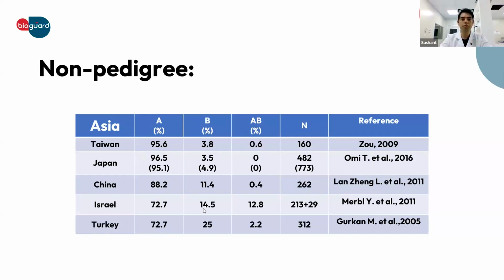However, some other countries close to the Middle East, such as Israel and Turkey, still have a higher percentage of B blood group compared to the East Asian countries.